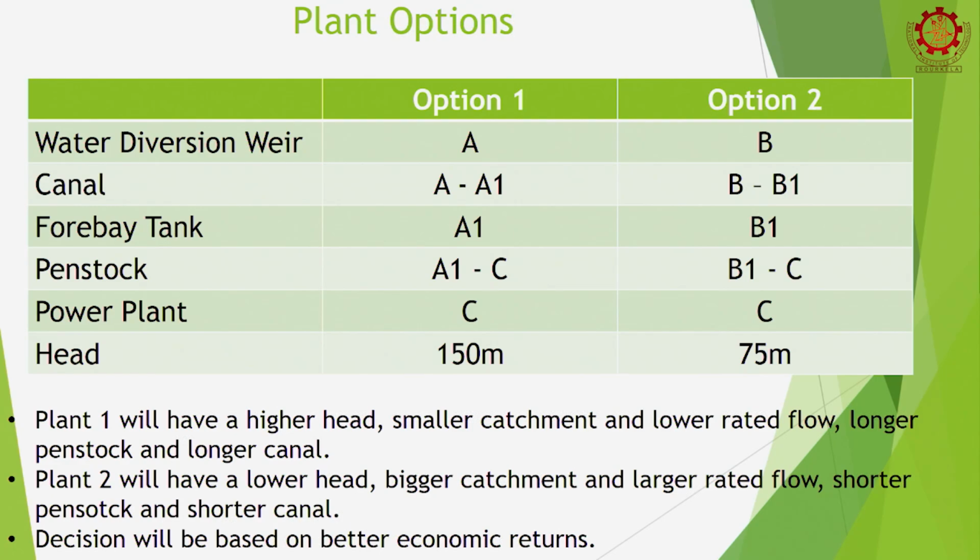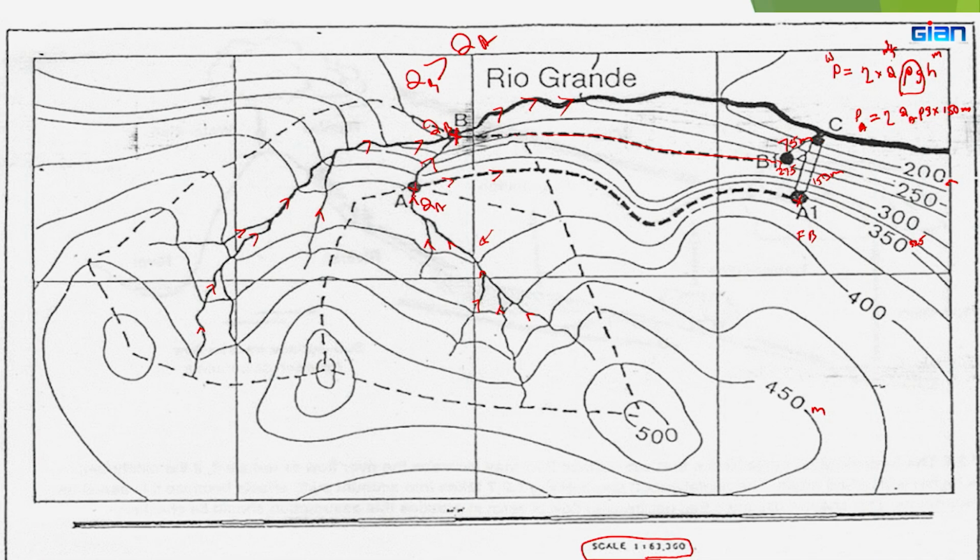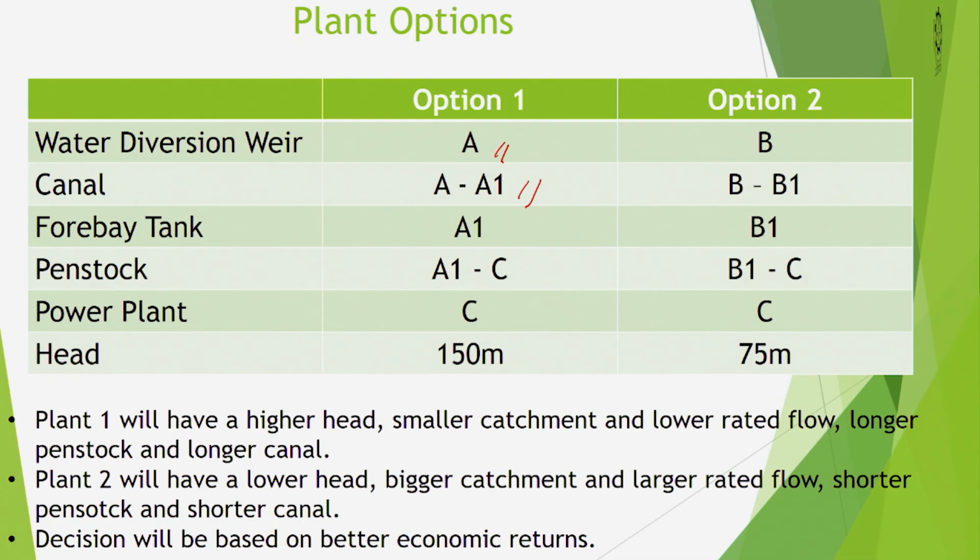So, here is a summary of the two projects. In option 1, the diversion weir is at A, canal path A to A1, penstock A1 to C, powerhouse at C, head is 150 meters.